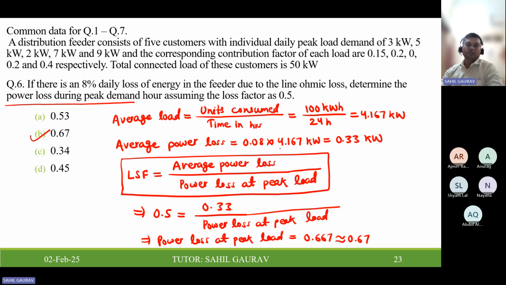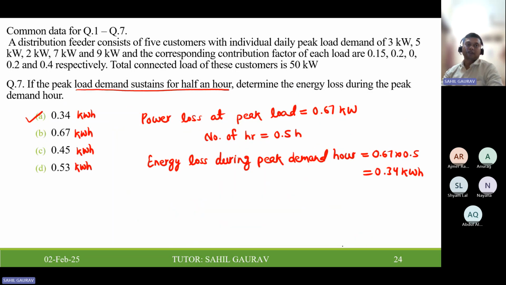So 8% of the average power is 0.33 kilowatt, and the power loss at peak load we have to find, and this loss factor is given as 0.5. From this loss factor, we can find the power loss at peak load demand, which is coming as 0.67.